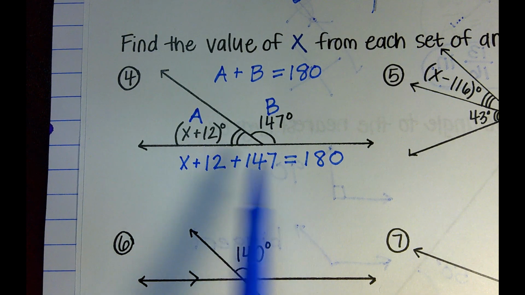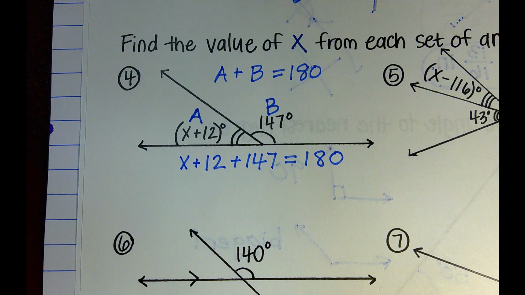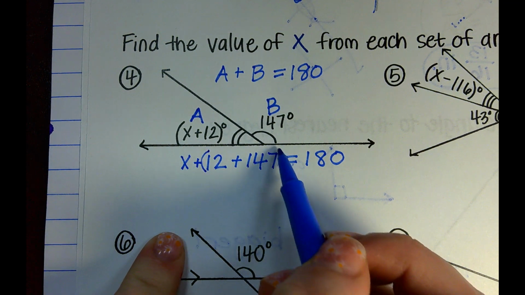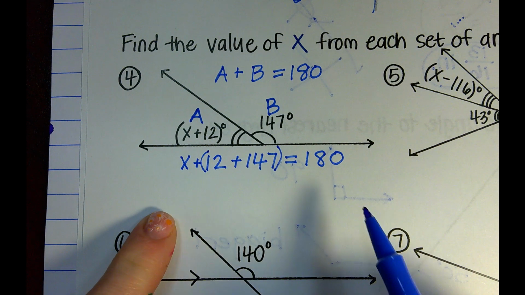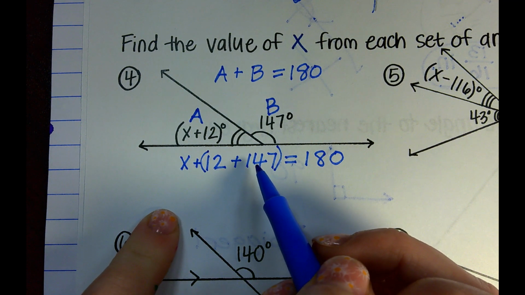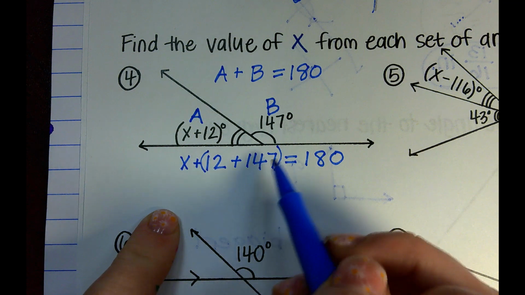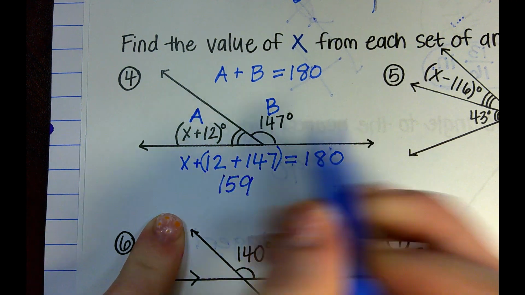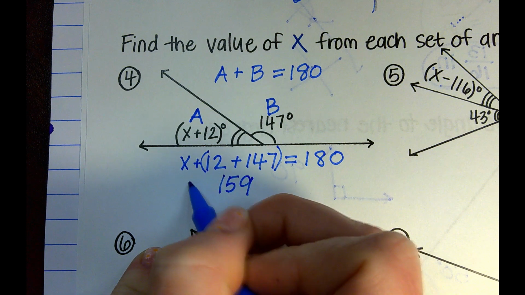So what would we like to do here to start solving this? Find 147 and 12. Yeah, so I have 12 plus 147. What does that give us? 159. Bring everything down.